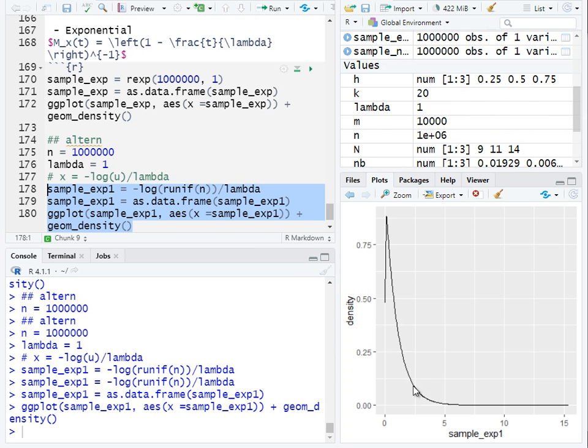And here's our result, and it looks absolutely the same as it was over there. So this is the option for simulating exponentially distributed random values with the uniform distribution, by taking the logarithm of values from the interval 0 to 1 and dividing by lambda.